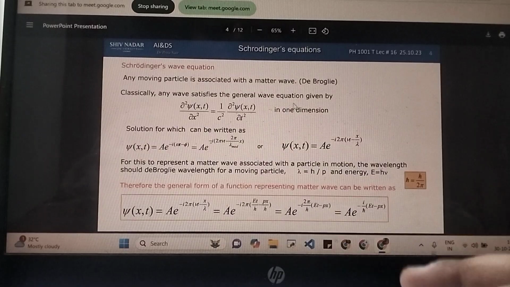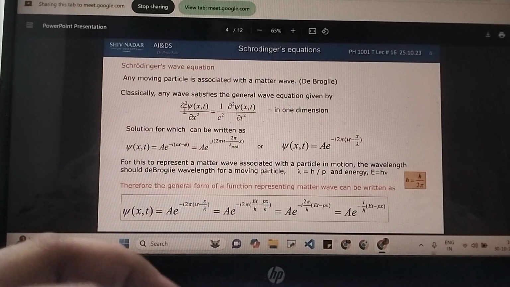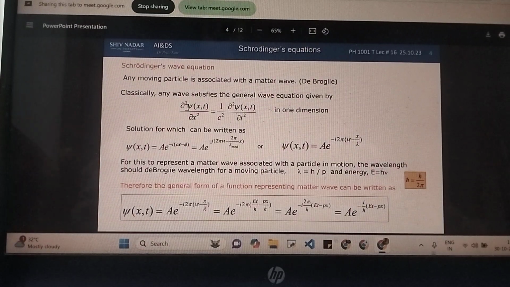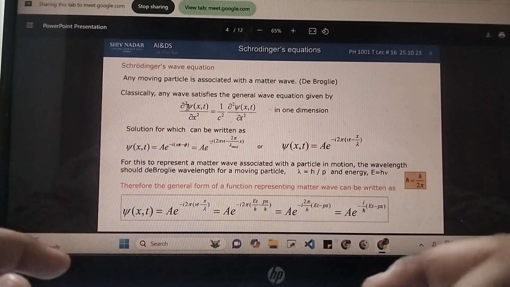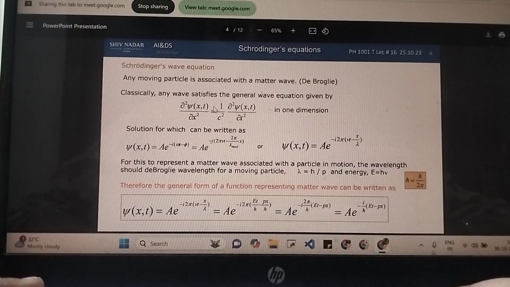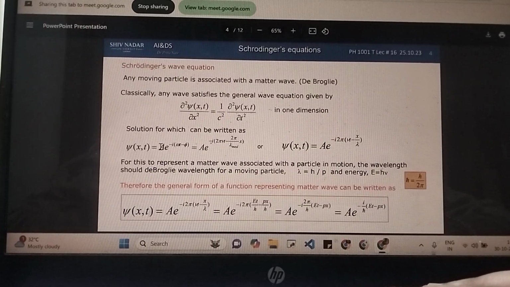So what did we do here in this slide? Basically it was determined that the only set of functions which accurately describe a particle are those for which the second derivative with respect to position is equal to 1 by c squared times the second derivative with respect to time, where c is the speed of light. And which were those functions? The functions which satisfy this equation.